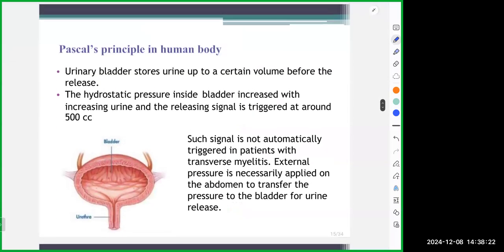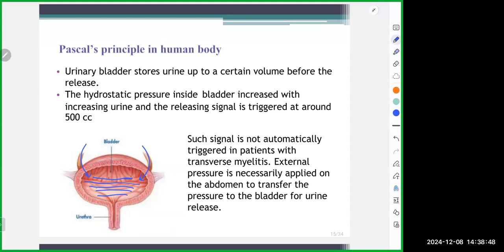Another one is about the urinary bladder. When the urine is contained in the bladder, the level increases.